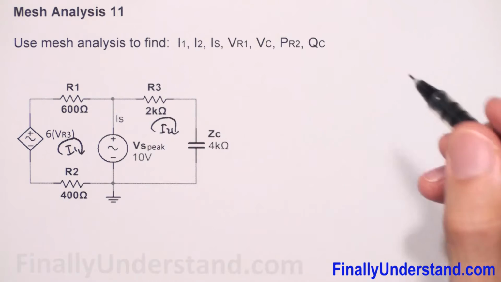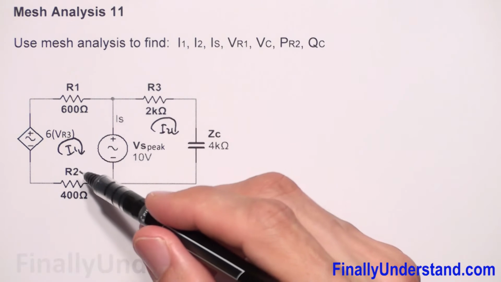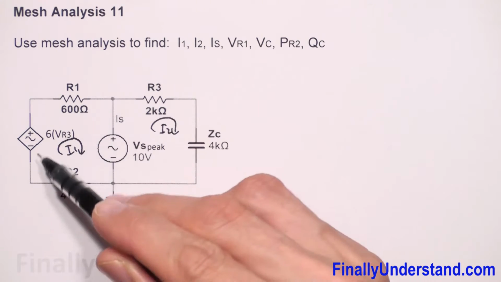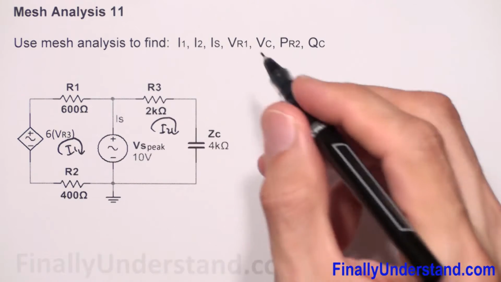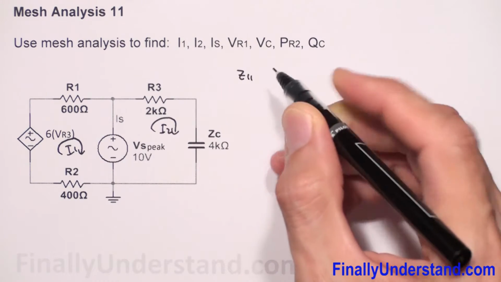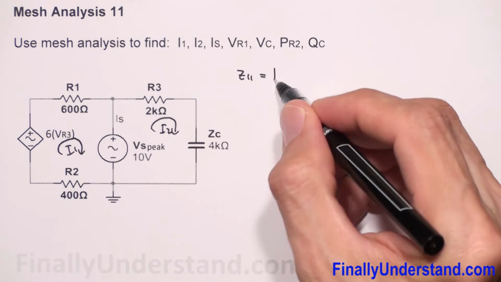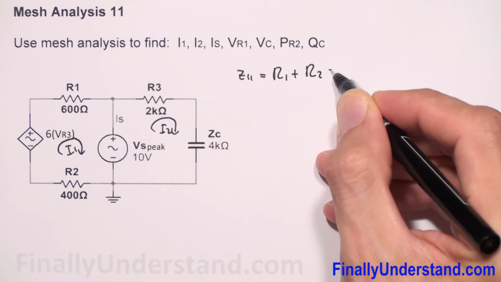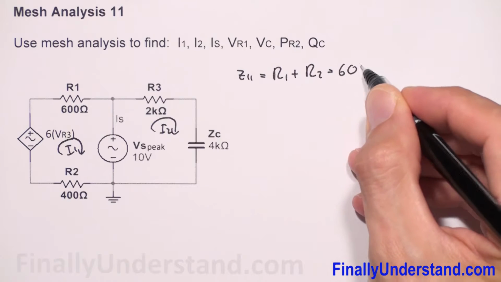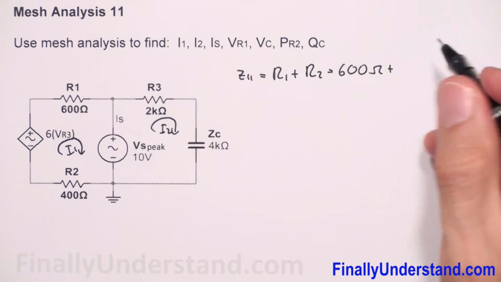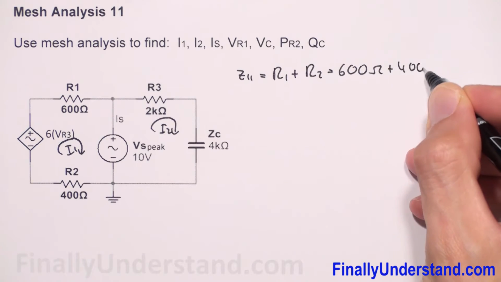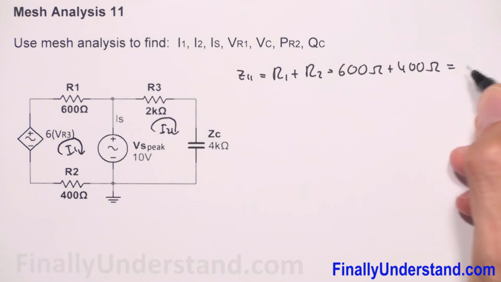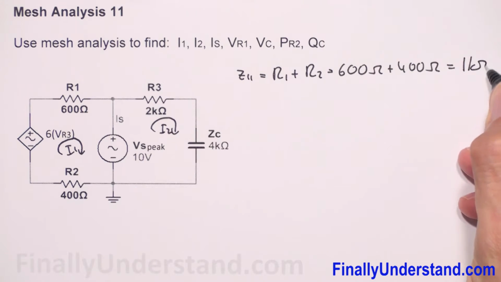Now we're supposed to simply find the sum of the impedances in loop 1. So I have Z11 is equal to R1 plus R2, which is equal to 600 ohms plus 400 ohms, which is equal to 1 kilo ohm.